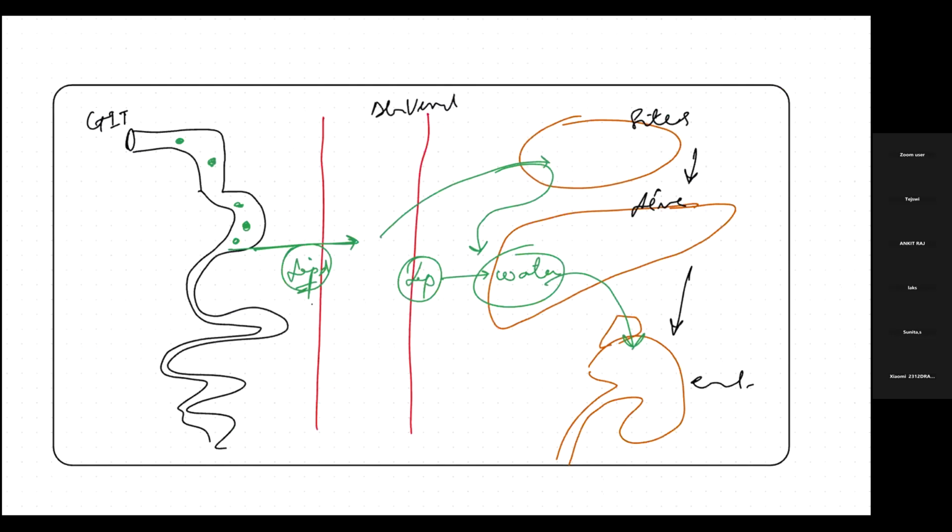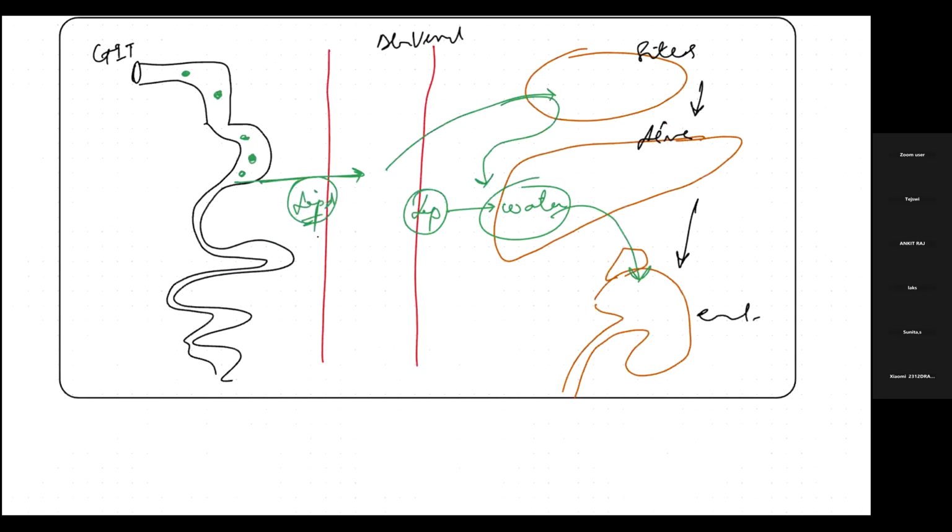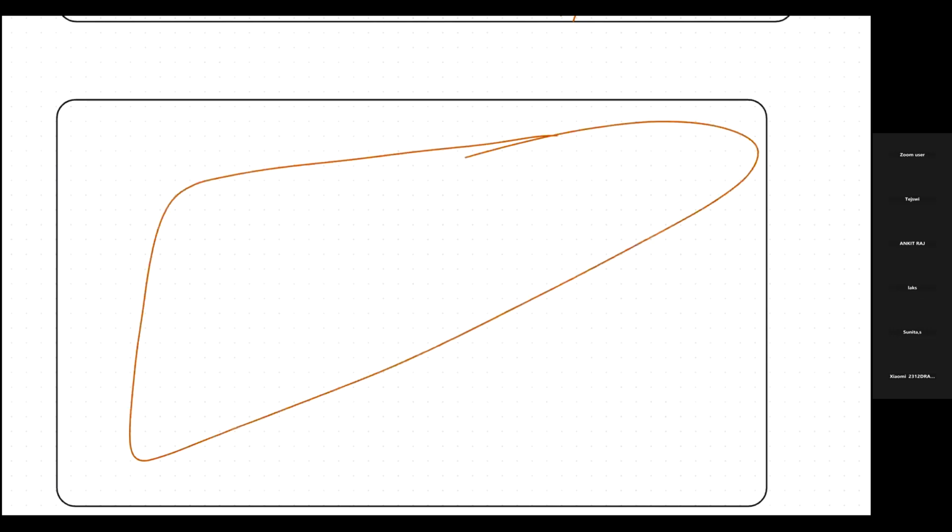Now it has asked the liver to convert it. So let's see what the liver is doing. We know we have a hepatocyte over here. In the hepatocyte, let's suppose we have a nucleus over here, and of course an endoplasmic reticulum over here.